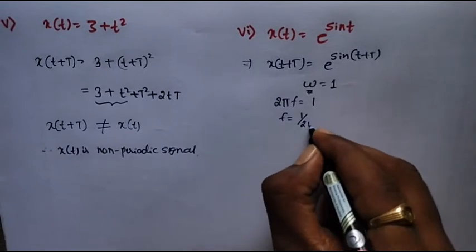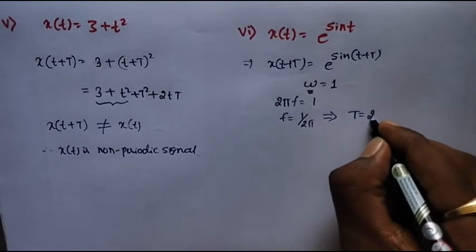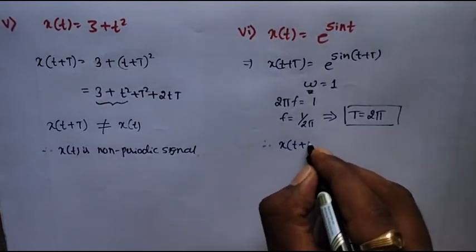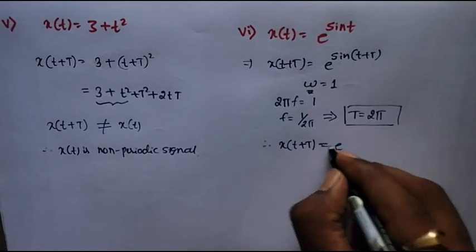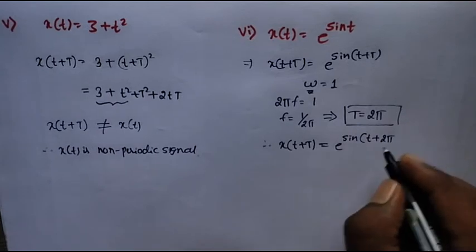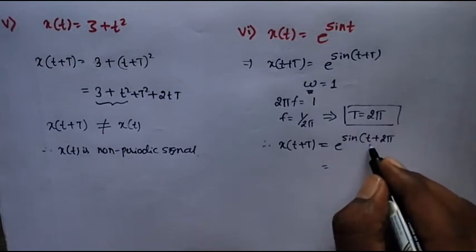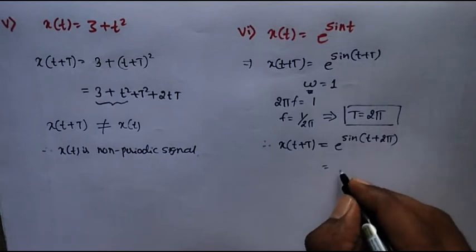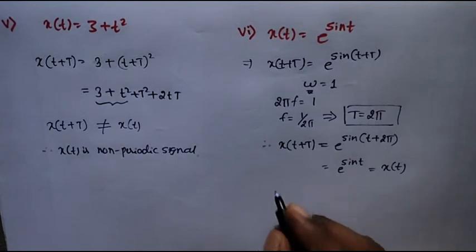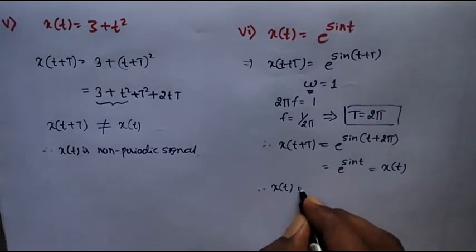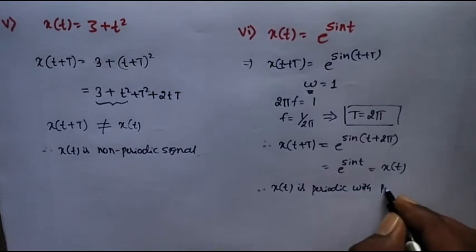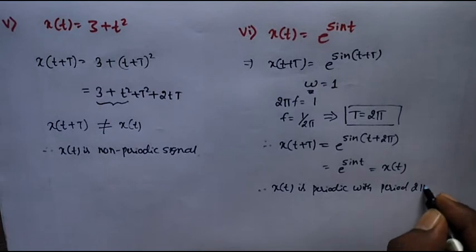Therefore f equal to 1 upon 2 pi, which is nothing but T is equal to 2 pi. So therefore I can write x of t plus T is equal to e power sin t plus 2 pi, which is nothing but sin t, e power sin t, which is equal to x of t. Therefore x of t is periodic with period 2 pi.